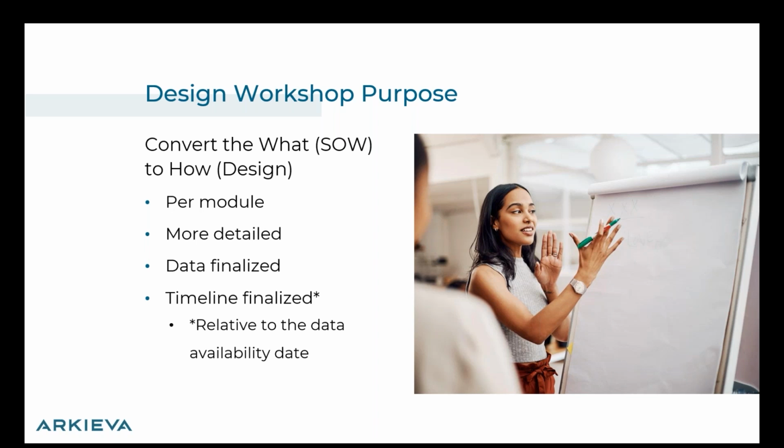You want to finalize your data needs, and you also want to finalize, in much more detail, the timeline needs. Now, in the design workshop, we are going to make the claim that we will do things in 8 months relative to the data availability date. Sometimes people forget how data intensive these projects are.